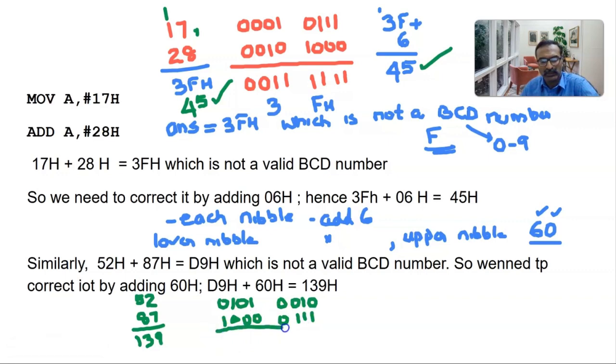We are going to add them. 0 plus 1 is 1. 1 plus 1 is 0, carry 1. 1 plus 1 is 0, carry 1. 1 plus 0 plus 0 is 1. 1 plus 0 is 1. 0 plus 0 is 0. 1 plus 0 is 1. 1 plus 1 is 1. Let us write the hexadecimal notation. This is 8 plus 1, 9. And this is 8, 9, 10, 11, 12, 13. So A, B, C, D.